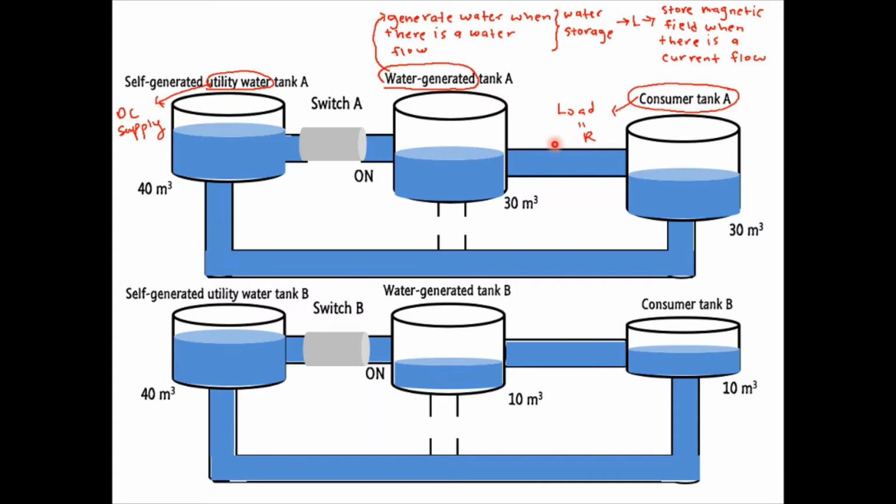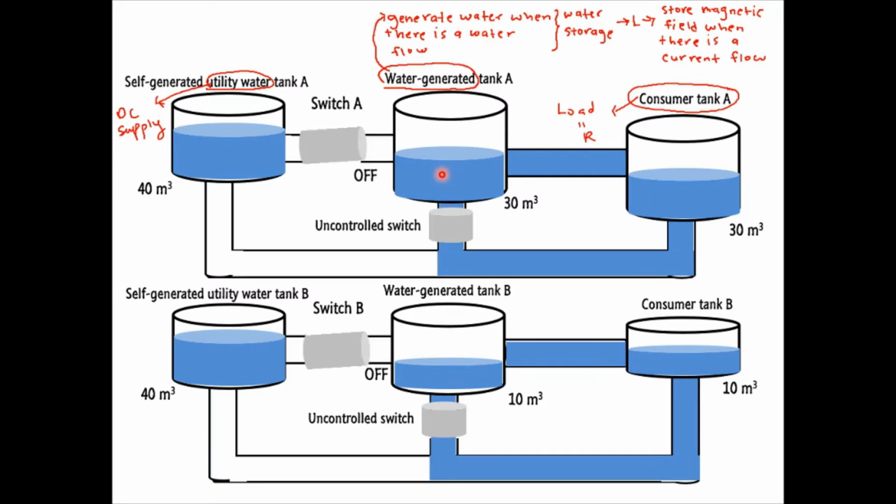Once the water-generated tanks complete their tasks, both switches are turned off. Automatically, the uncontrollable switches are turned on. At this moment, the utility water tanks are disconnected from the consumer's tanks.